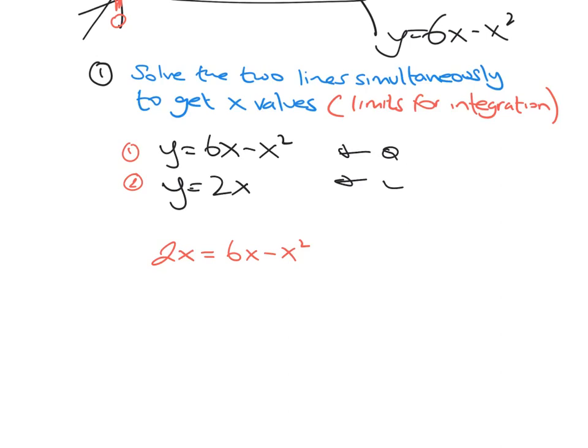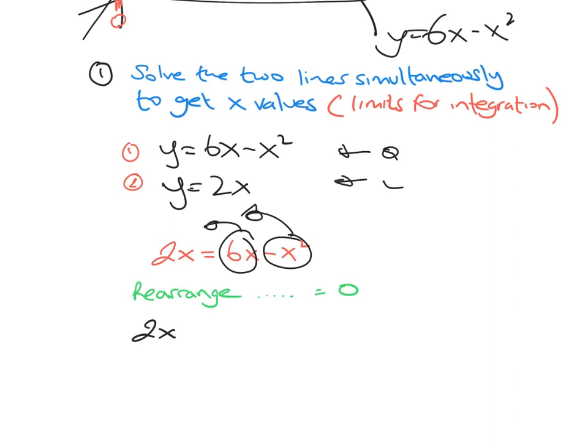To solve, I need to rearrange so that everything is equal to 0. I can bring my 6x to the left and my minus x squared to the left, and that will give me 2x. The plus 6x will become a minus 6x, and the minus x squared will become a plus x squared, and I will get an expression equal to 0.